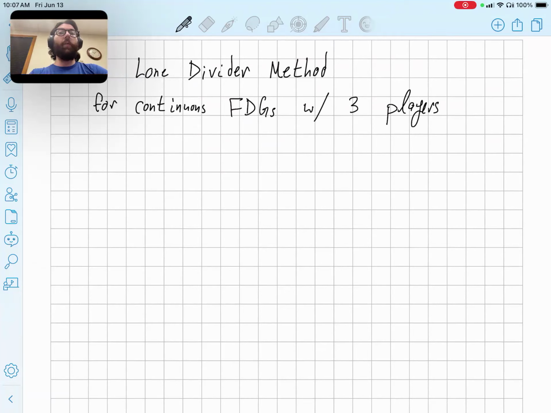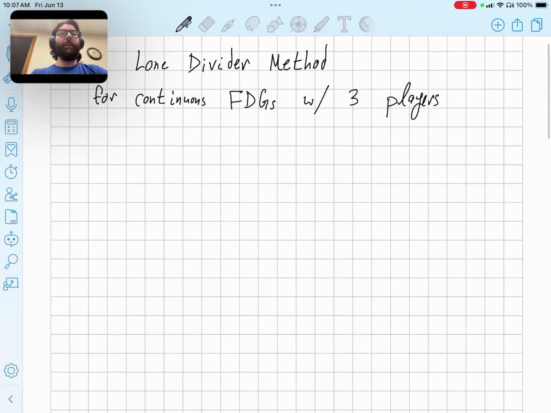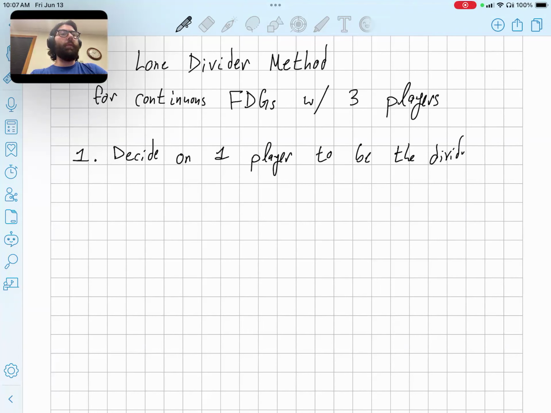So first thing you're going to want to do, let me just get right into the method. So decide on one player to be the divider. And this should be done randomly.